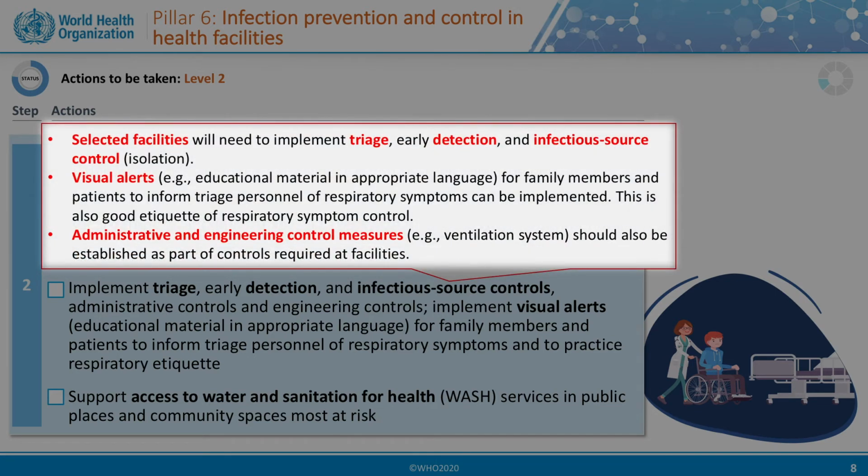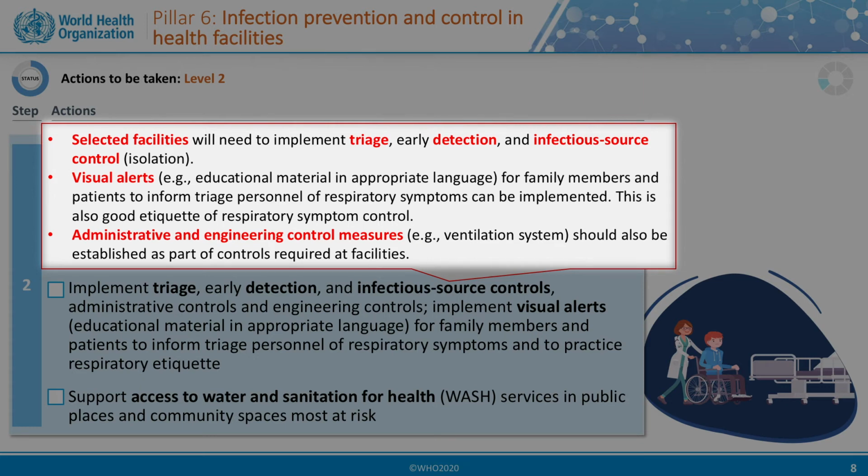Selected facilities will need to implement triage, early detection, and infectious source control, also known as isolation. Visual alerts, for example, educational material in appropriate language for family members and patients to inform triage personnel of respiratory symptoms can be implemented. This is also good etiquette for respiratory symptoms.